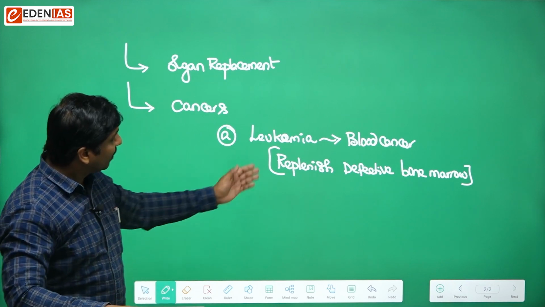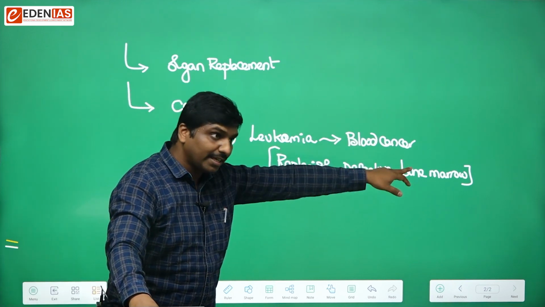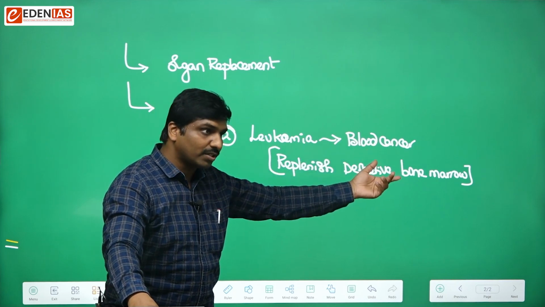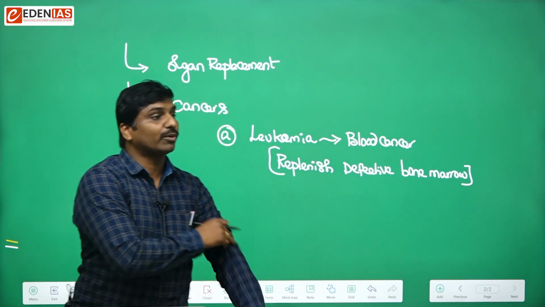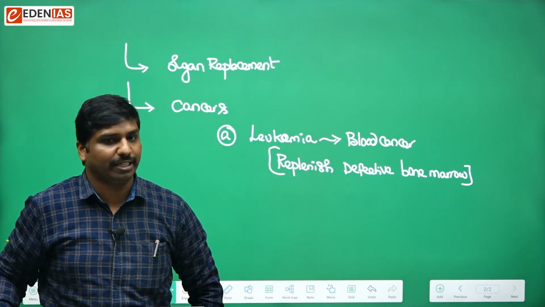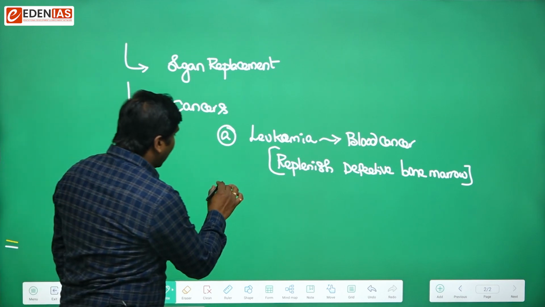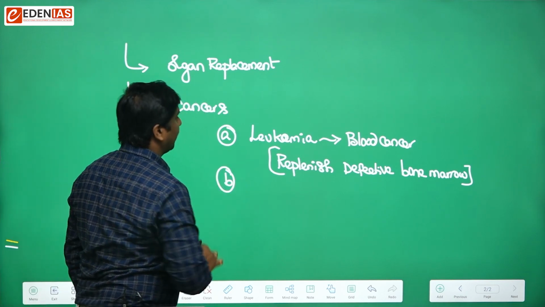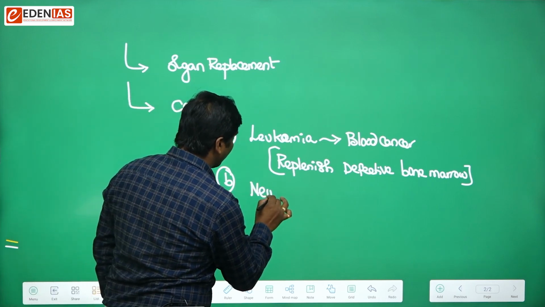So here stem cells play a vital role. We just inject the healthy stem cells, and those stem cells replace or replenish the defective bone marrow, and thus it becomes a cure therapy for leukemia. Is that clear? Then there are other types of cancers, for example neuroblastoma.